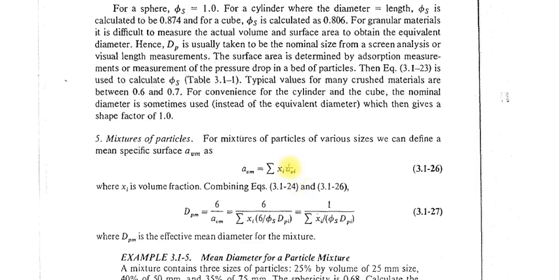Av is Sp by Vp, where Sp is the actual surface area of the particle and Vp is the actual volume of the particle. So you can calculate the value of Av for different sizes or shapes of particle and multiply it with the volume fraction of that particle. So if you have a mixture of different types of particle, you can use this formula to calculate the mean specific surface area of the particle.